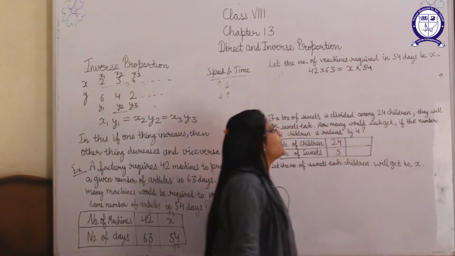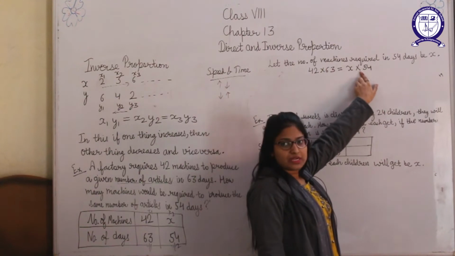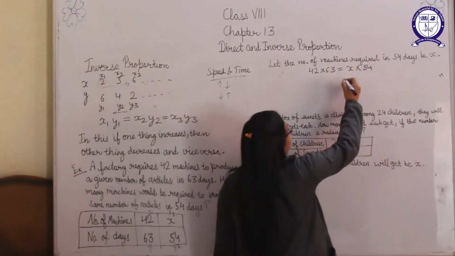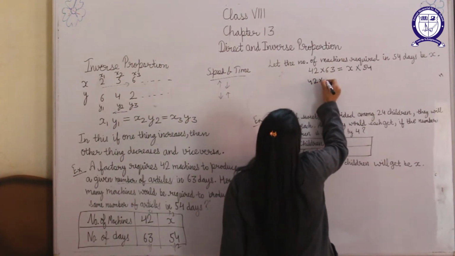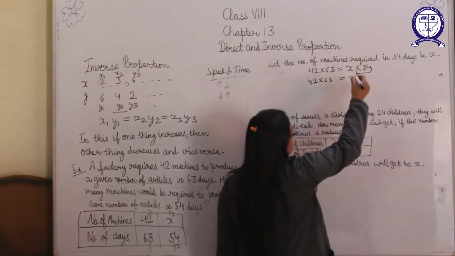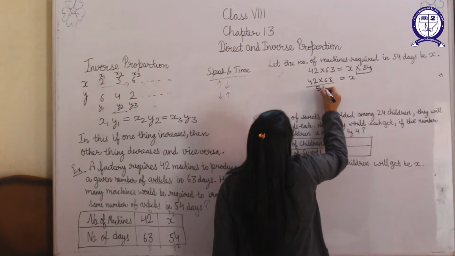Now students, as we have to find the value of x, 54 is in multiplication, so we will take it to the other side so that it becomes division. So 42 multiplied by 63 is equal to x, with 54 taken to that side in the division. So we write here 54.